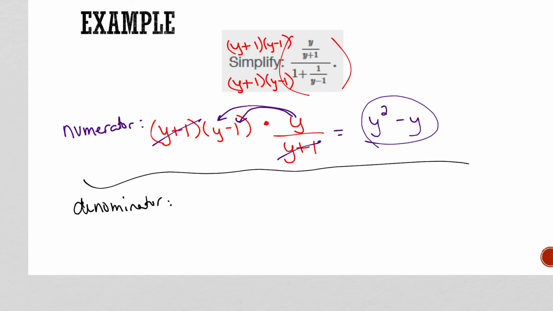Okay, so I'm also multiplying by the LCD. I just changed this right here to a 1 over 1. Doesn't make any difference though.